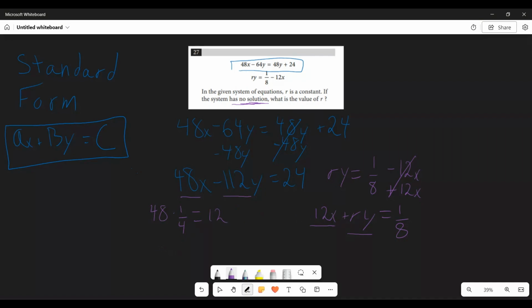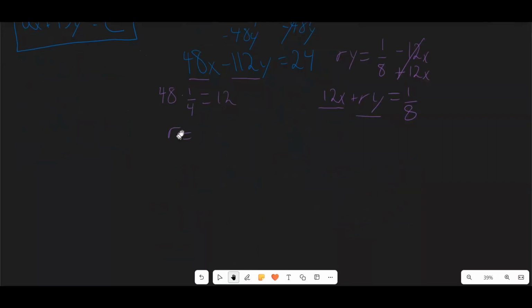So we can rewrite this as r is equal to, scroll down a little bit, negative 112 times 1 over 4, which in other words means negative 112 divided by 4, which would be nothing more than negative 28. So there you have it, 2 methods to solve this SAT problem.